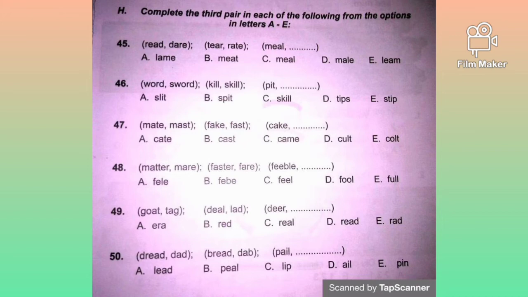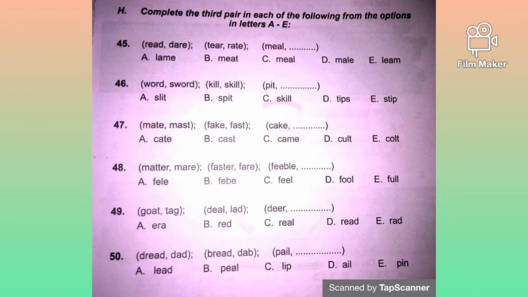Okay, so let's see the next one. We have sword and we have word. So I think what they did there is they just added S to the word and made it sword. Okay, let's see what they did in the other one. We have kill and we have skill. What they did was to add S to it. So we are given pit.